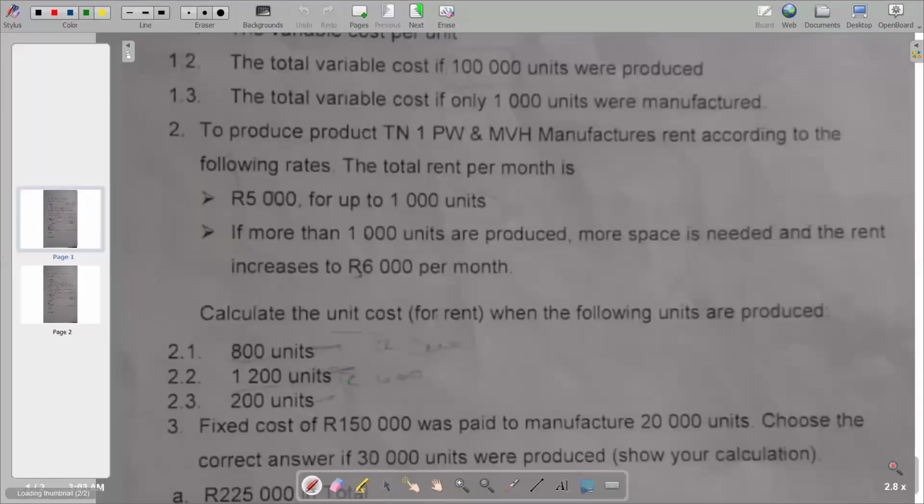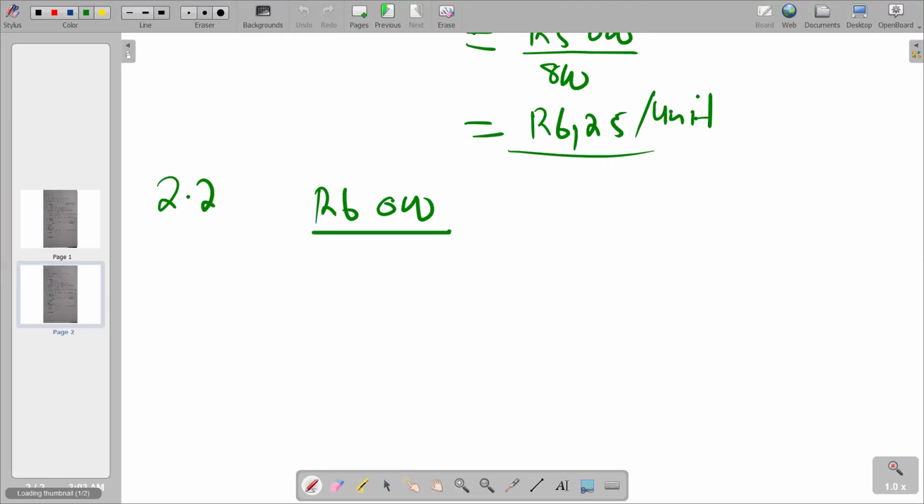You calculate, and the answer that we get is 5 rand per unit.